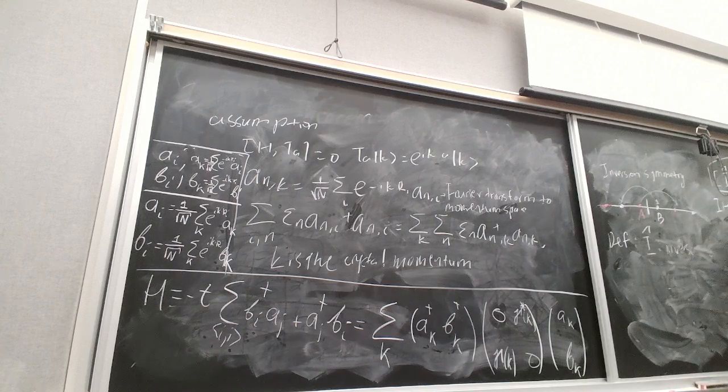In a Bloch basis, we define the Hamiltonian matrix to be this.